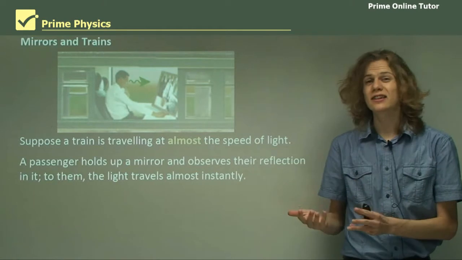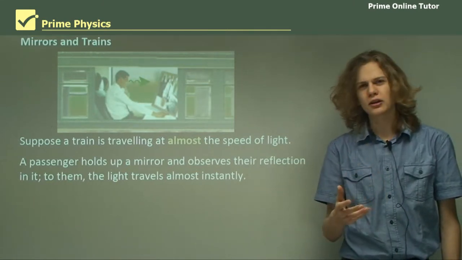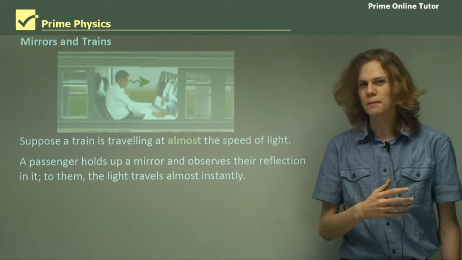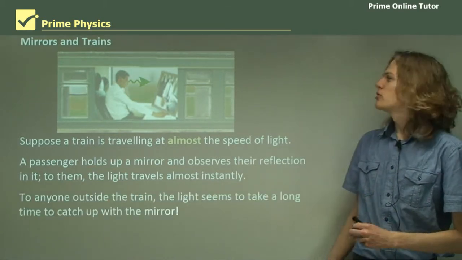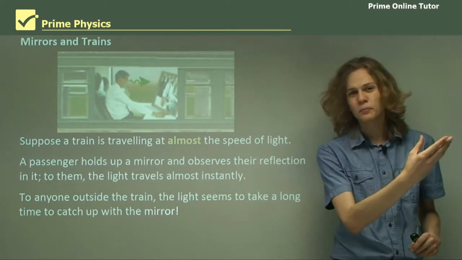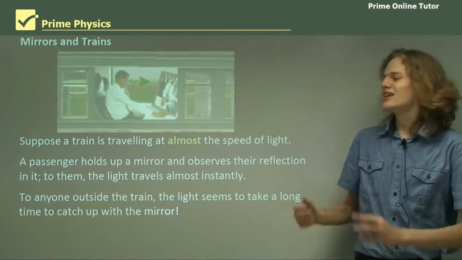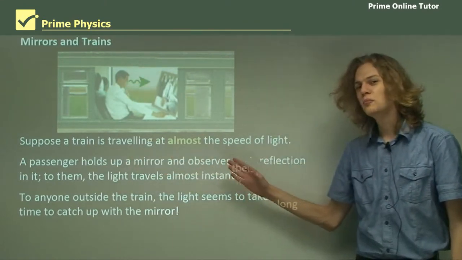It's almost instant. But suppose that instead of being the passenger on the train, we're someone outside the train. In this case, because the train is traveling so quickly, the light has to try and catch up to the mirror. It takes a very long time for light to get all the way from the left of the animation into the mirror.